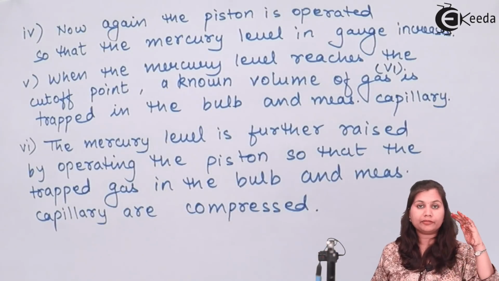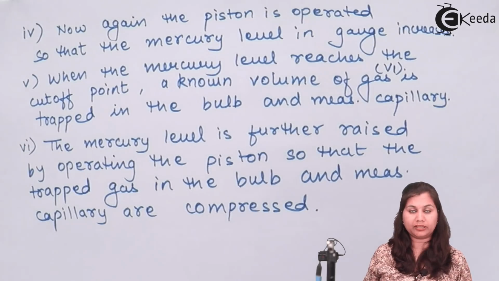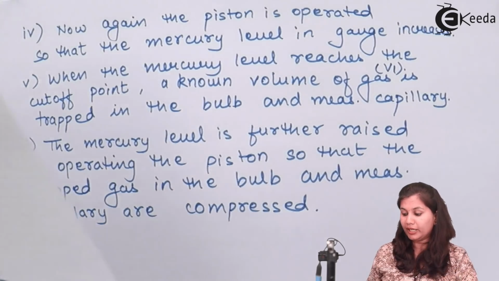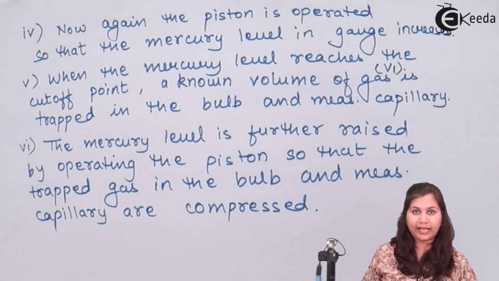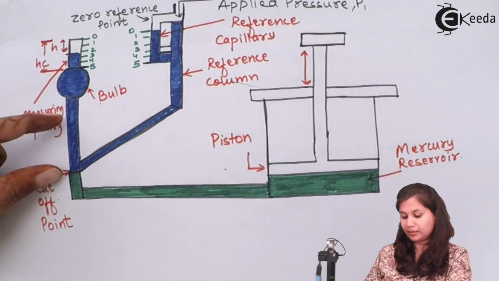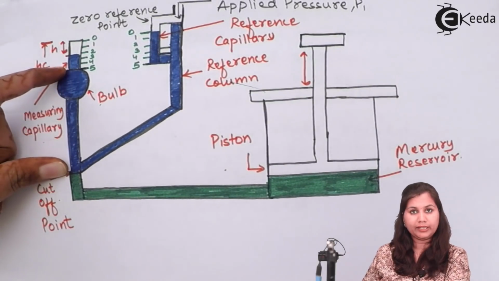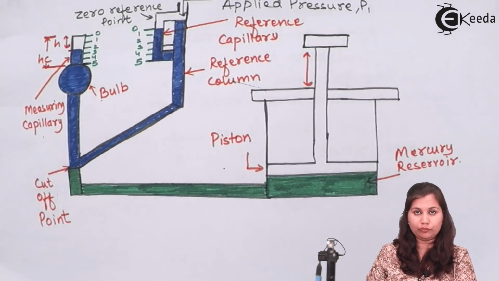So when we were pressing the piston and increasing the mercury level up to the cutoff point, at that point we got the known volume of the gas. At that time we noted the volume of the gas which is present in the bulb and the measuring capillary. That volume was the initial volume.